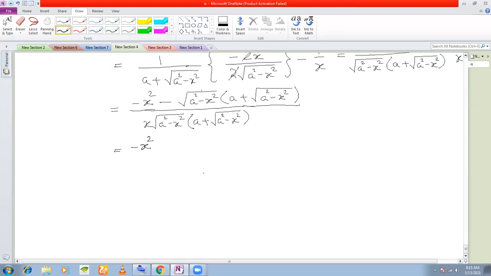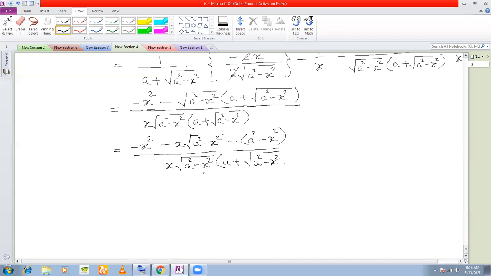Now what you do is you multiply throughout by root over of a square minus x square. What do you get? Minus a root a square minus x square. And you get minus a square minus x square, because root a square minus x square into root a square minus x square is simply a square minus x square, divided by x root a square minus x square into a plus root a square minus x square.